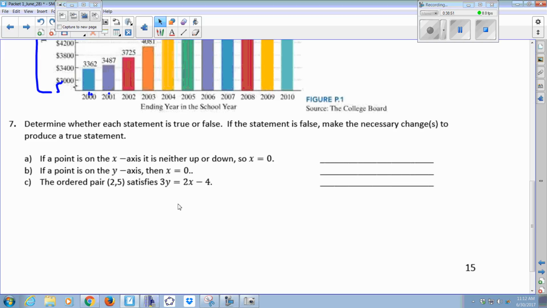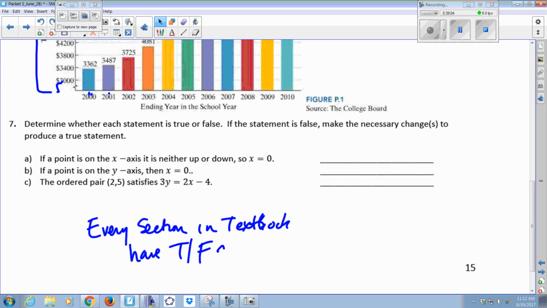The other thing I want to remind you is that just about every section in your textbook, there's a few that don't, has true-false questions in your homework problem set. And it usually appears near the end of the problems.